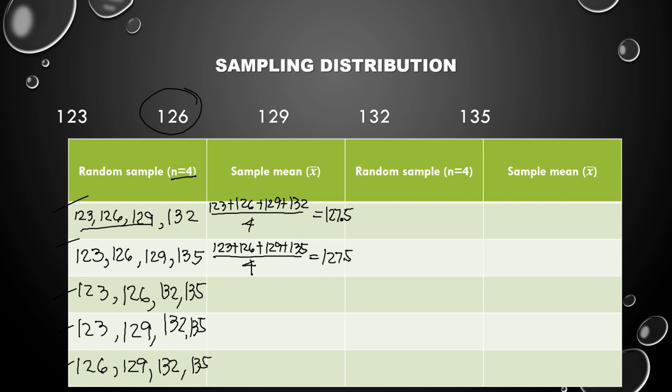Next combination, we have 123, adding that with 126, 132, 135, and dividing that again by 4 as the number of values in one combination. This is equal to 129. Next up, we add 123, 129, 132, 135. We divide that by 4, and that is equal to 129.75.